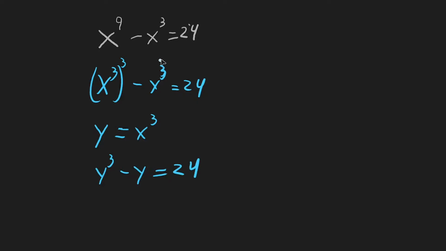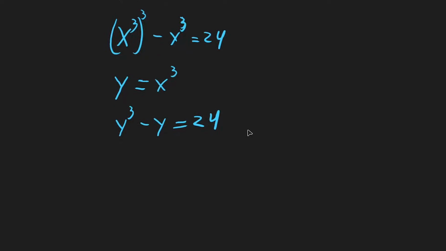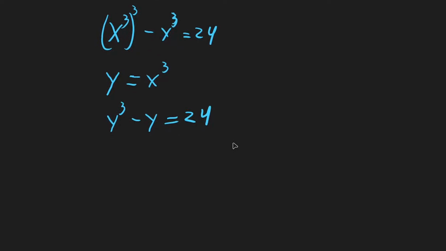All right. Now we could do different methods, but the first method I would do is simply to look if there are any obvious integer solutions to this. And I could try 1, and I would see that 1 minus 1 equals 0. I could try 2. That would not work.